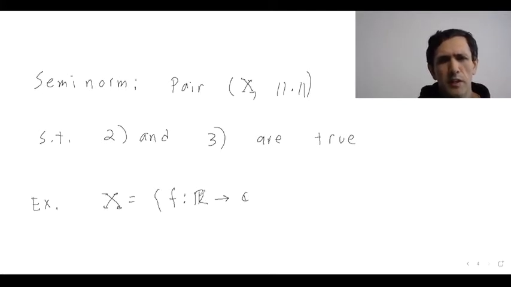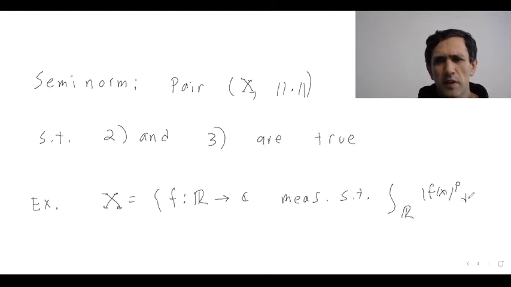So let's say we're just dealing with complex valued functions that are measurable, where this here is finite. So I'm not calling this L^p because it's really not L^p, as I'll make more precise later.